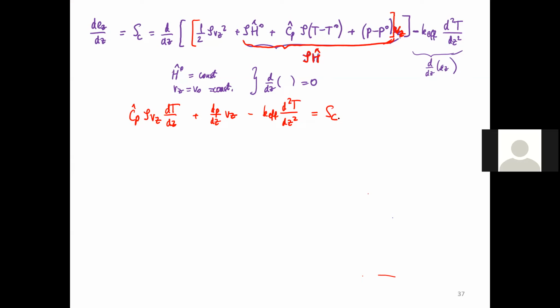No answer. Why did the first 1/2 rho Vz squared go away? Because Vz squared is constant and rho is constant. Take a derivative of a constant.